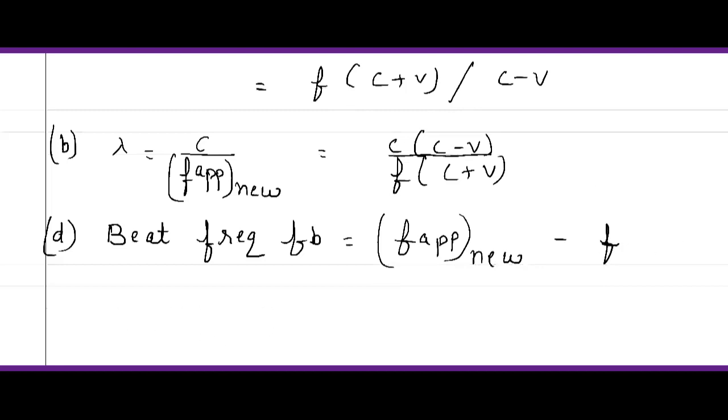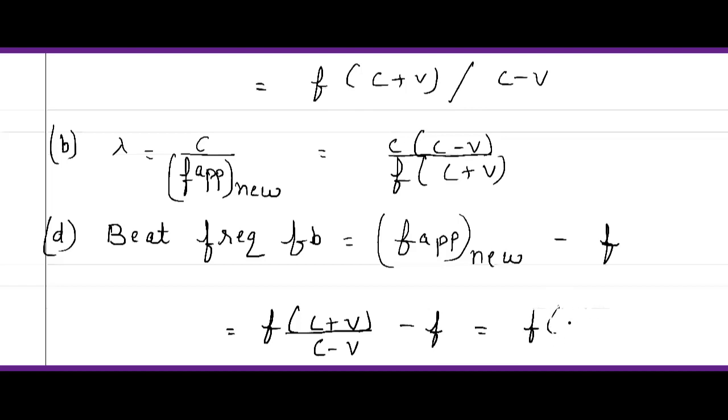Now put in the value, that is f times (c plus v) divided by (c minus v), minus f.